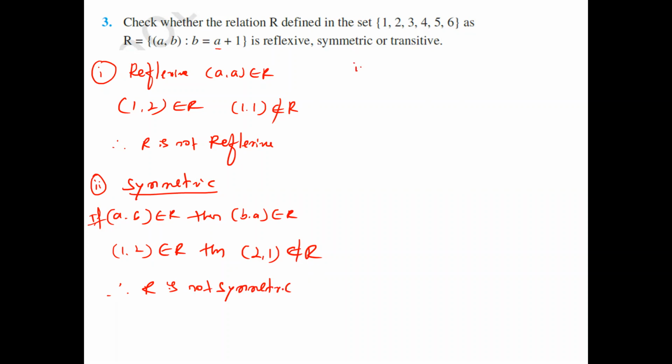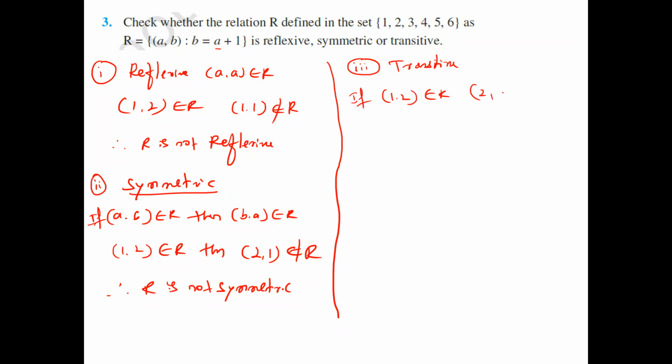Next, the third one is transitive. What is the transitive condition here? If you take 1, the B value is 2, which belongs to R. If you take 2, the possible value is 3, which belongs to R. Now I have to check 1 comma 3: does it belong to R or not?